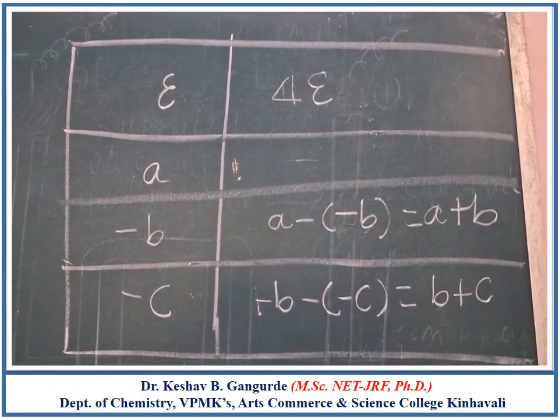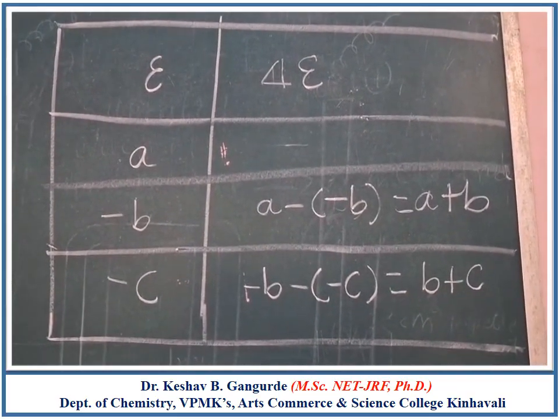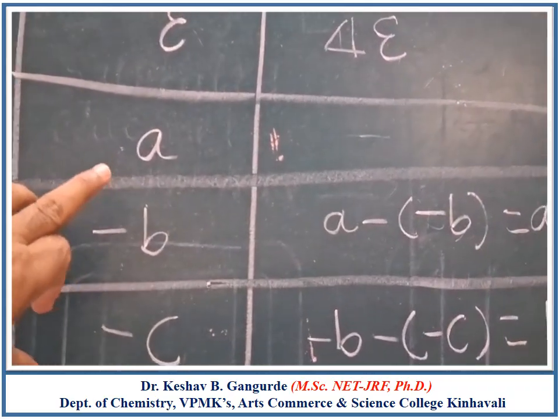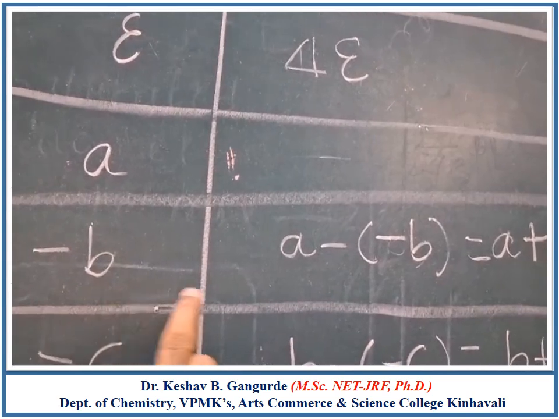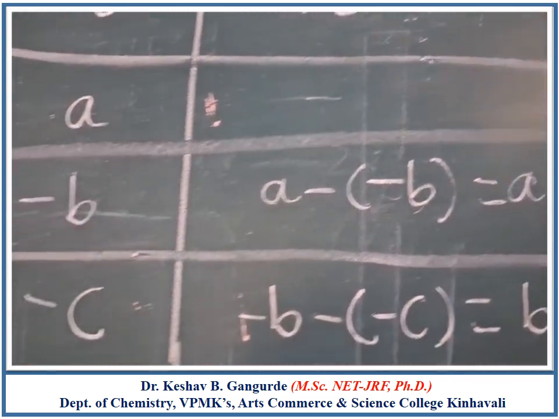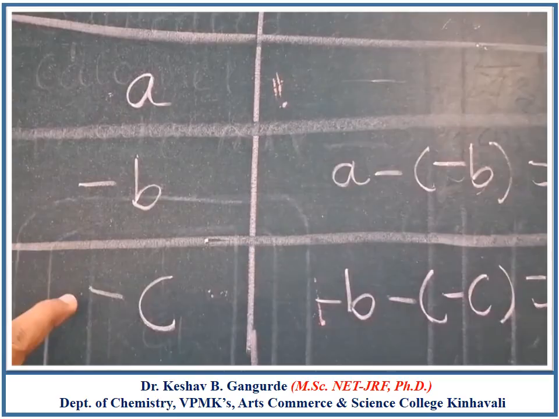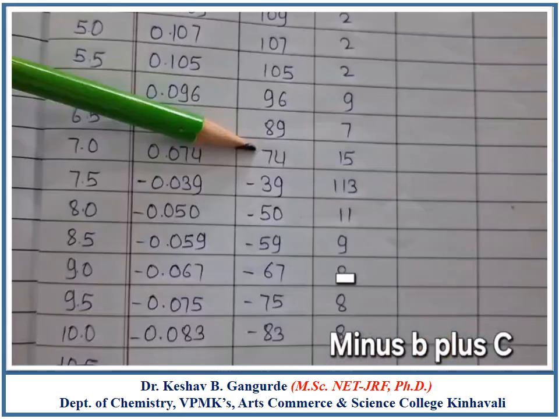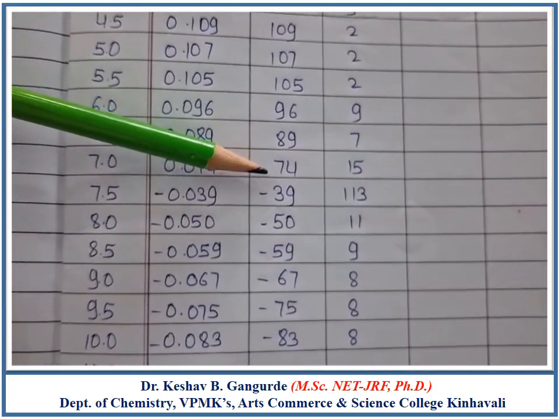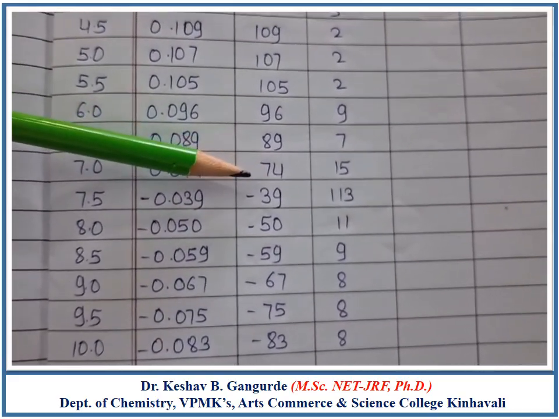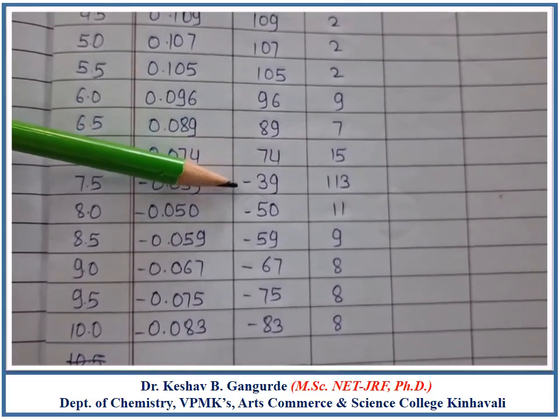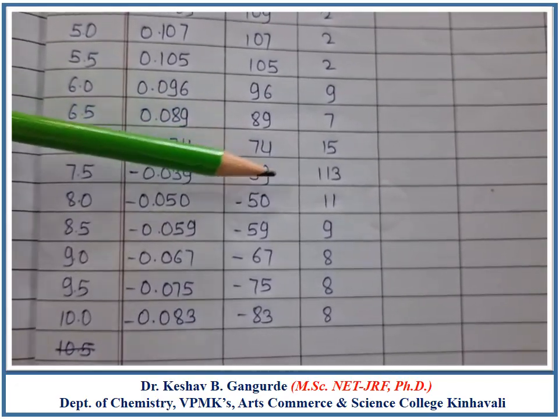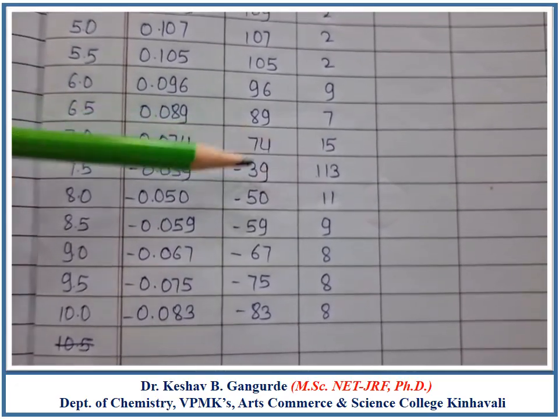In calculating delta E for negative readings, remember the rules of subtraction, that is A minus minus B equals A plus B, and minus B minus minus C equals C minus B. Let's understand for these delta E values. 74 minus minus 39 is equal to 74 plus 39 equal to 113.